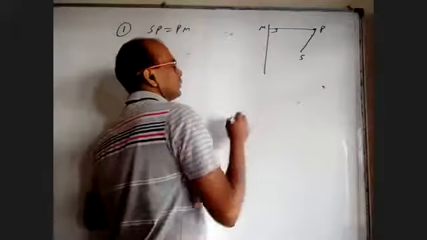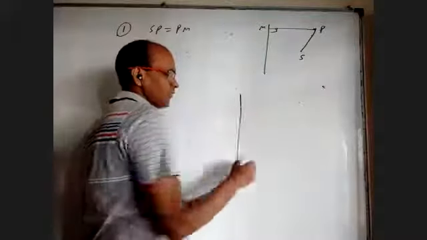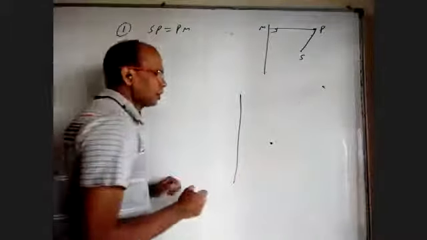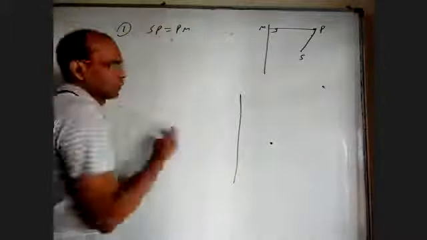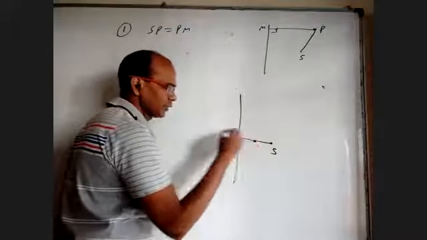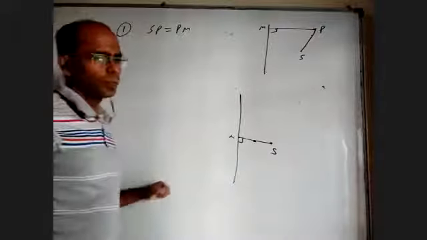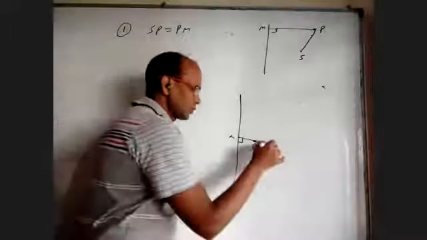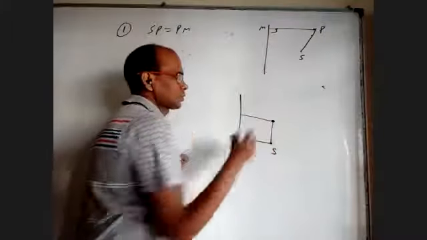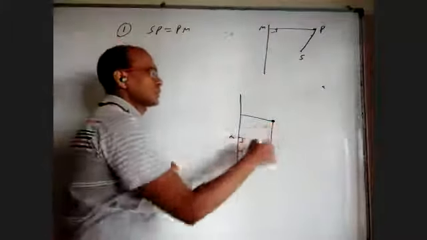If you want to understand roughly the shape of the parabola, an obvious point satisfying SP equal to PM is the midpoint of S and its foot M on the directrix. Another 2 points which are very easy to notice: you construct a square, and this point is where this length and this length are equal.